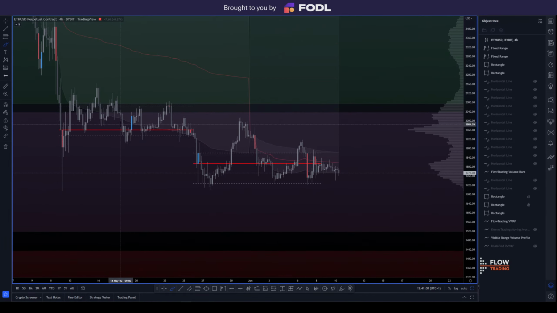We were ranging just below that level of resistance, but we got rejected many, many times from the previous balance above. As a result, we break down, and when we break down, we form yet another range. We retest the previous range of balance, but we got rejected. And here we are again retesting that area of balance, and yet we got rejected. So we've got two little balance areas there. We could split this.